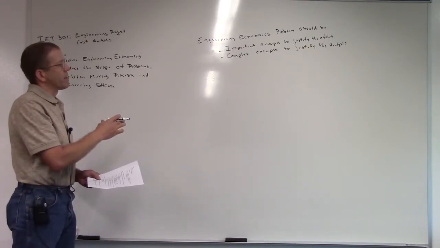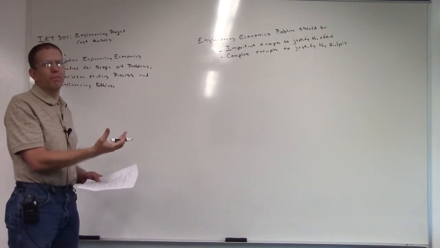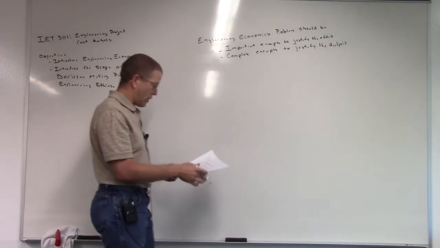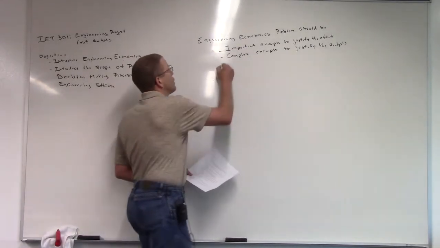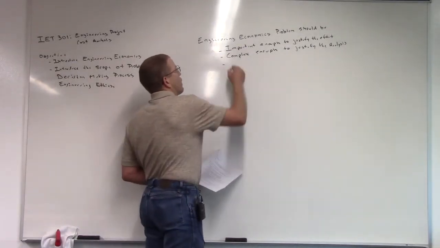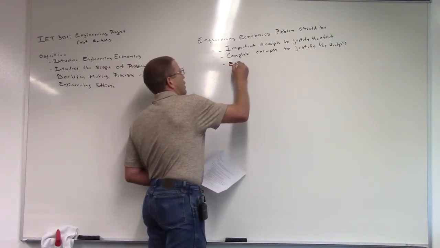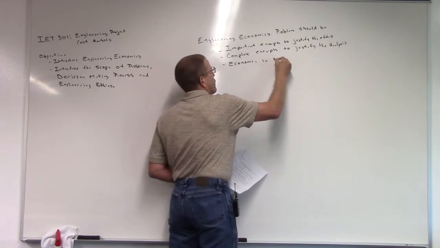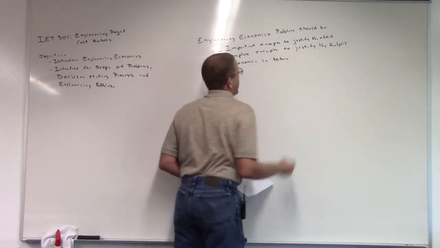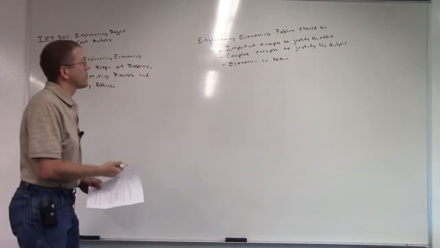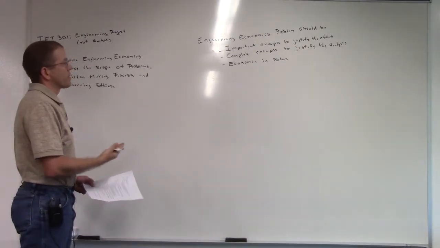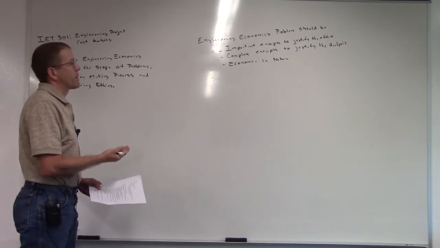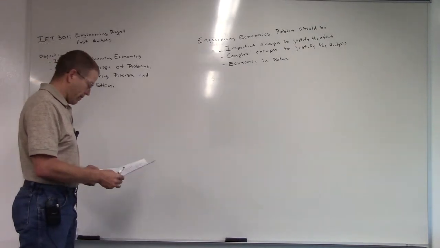And this analysis process should be complex enough to make it worthwhile. And finally, as would make sense, the problem should be economic in nature. Since this is engineering economics and we're trying to apply the principles in this book to engineering economic problems, the problems that we address should be economic in nature.